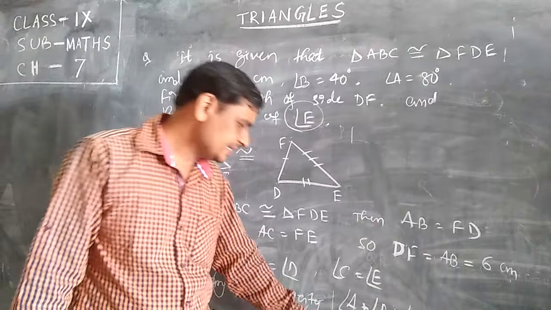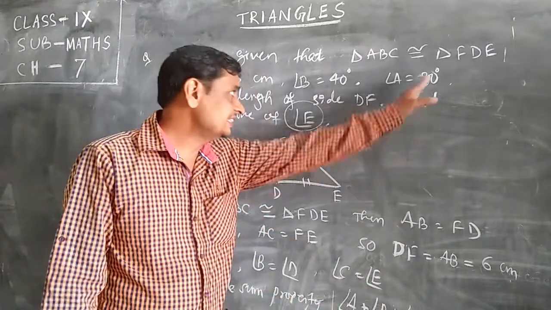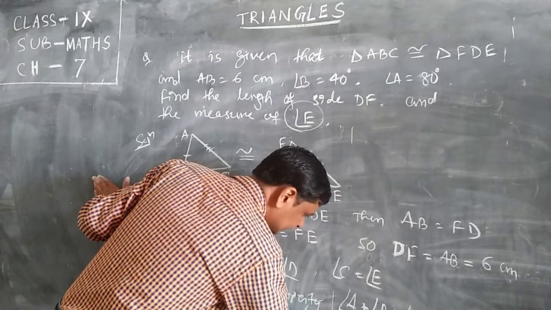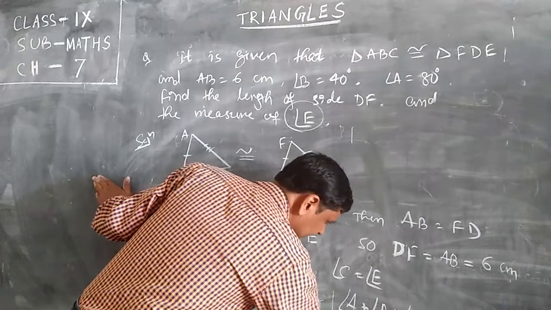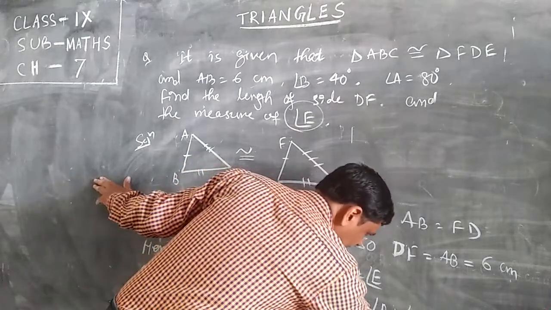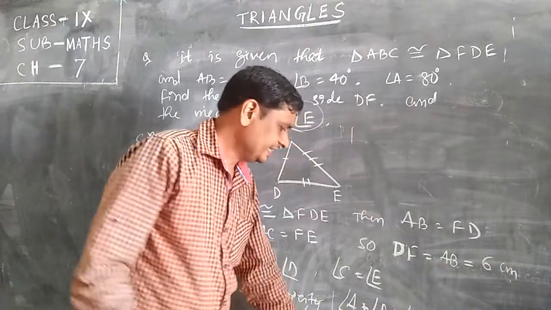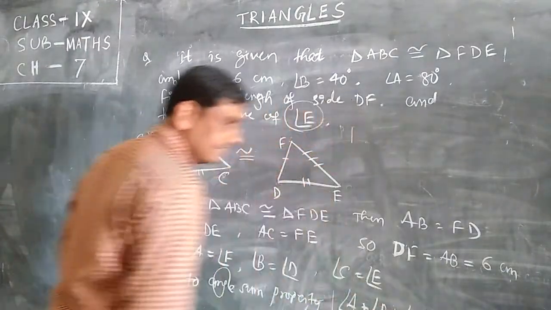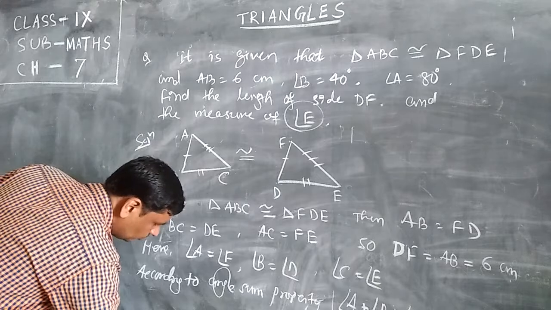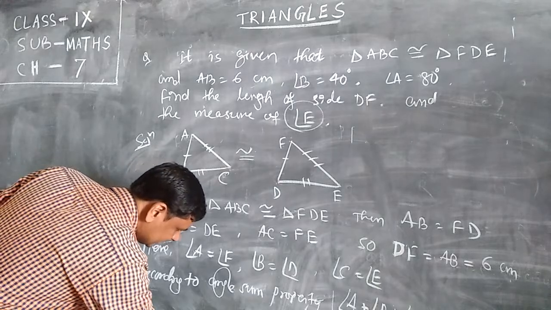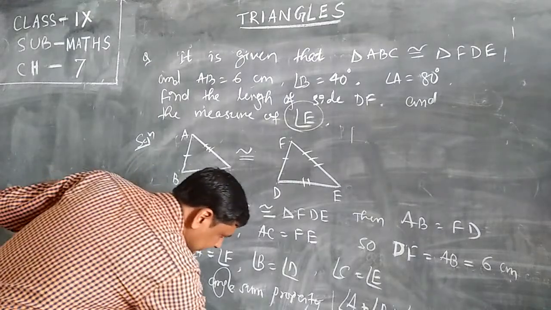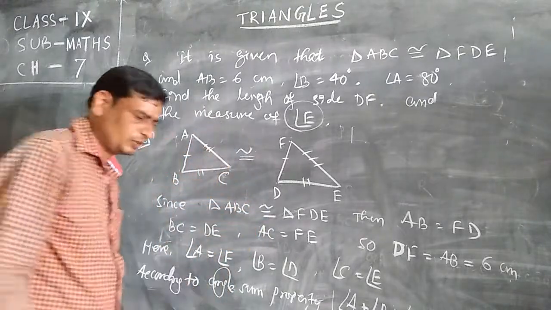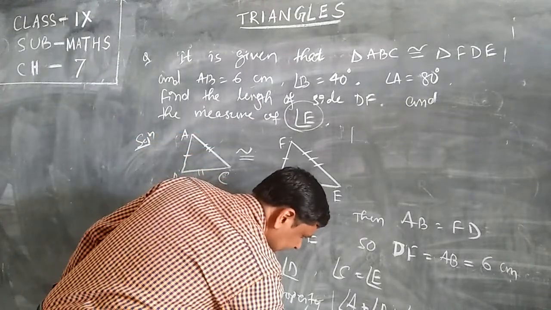It is given that angle A and angle B are 80 and 40. This implies 80 degrees plus 40 degrees plus angle C is 180 degrees. 80 plus 40 is 120, so 120 degrees plus angle C is 180 degrees. This implies angle C is 180 minus 120, that is 60.